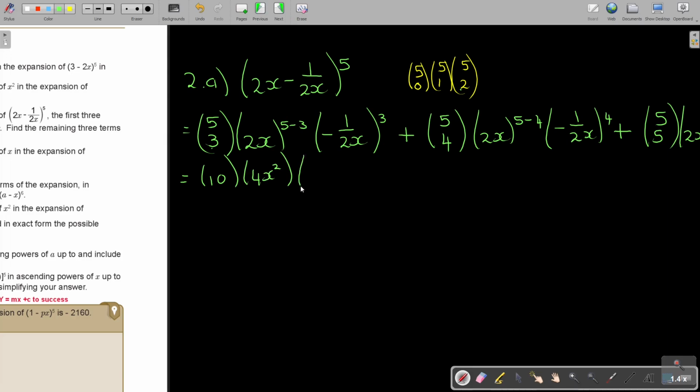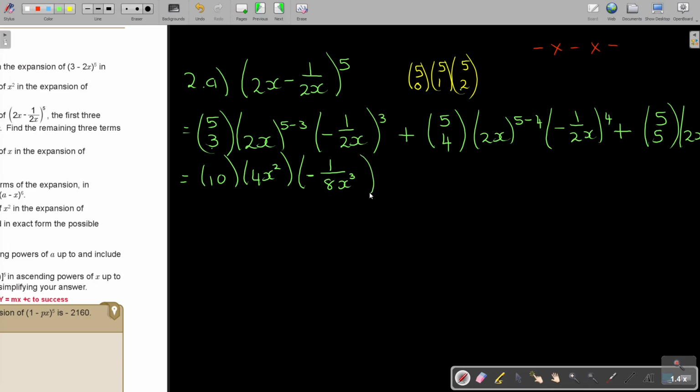This is to the power of 3, so that's why there's 3 negative signs. If it's odd, then it's negative. If it's even, then it's positive. It's just negative, multiply negative, multiply negative. That's an odd amount. Then it's just going to be 1, and 2 to the power of 3 is 8, and then x to the power of 3.